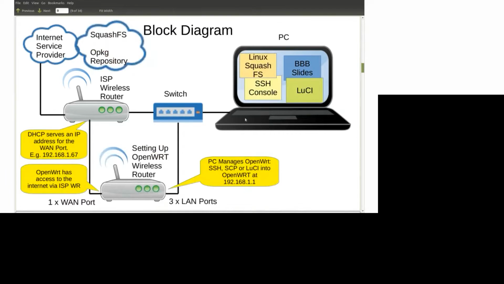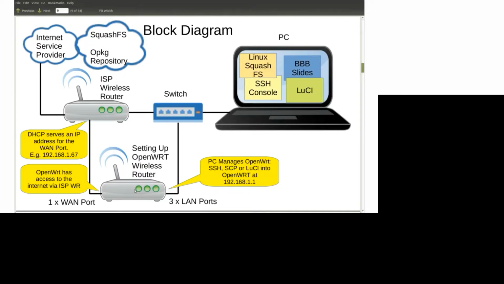By having the switch box here, this is my WRT router, which I've loaded OpenWRT into, and it expects management to be done at 192.168.1.1. That way, on my PC, I can SSH from the console into this router.